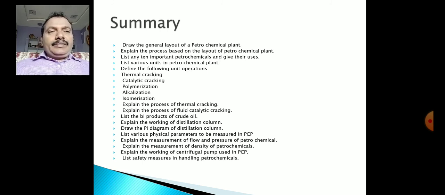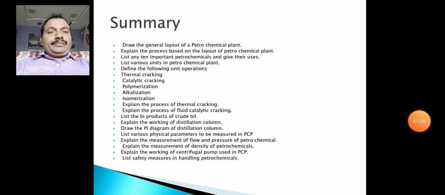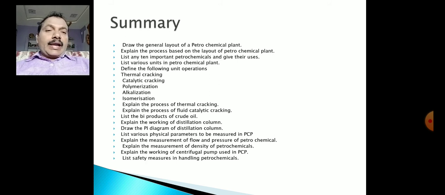We have seen the important petrochemicals and their usages, and we have studied the units in a petrochemical plant, that is unit operations: thermal cracking, catalytic cracking, polymerization, alkylation, isomerization, and we have discussed in detail the process of thermal cracking.